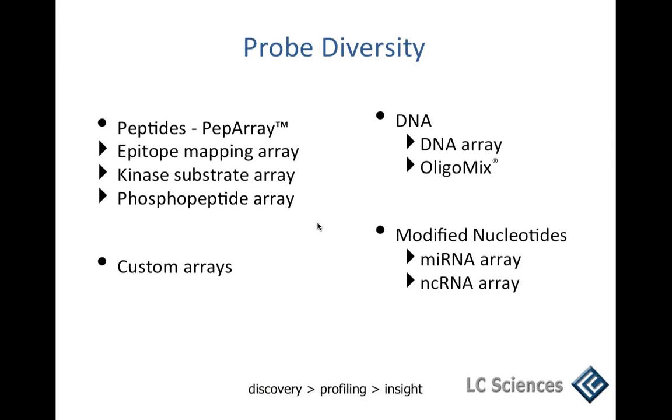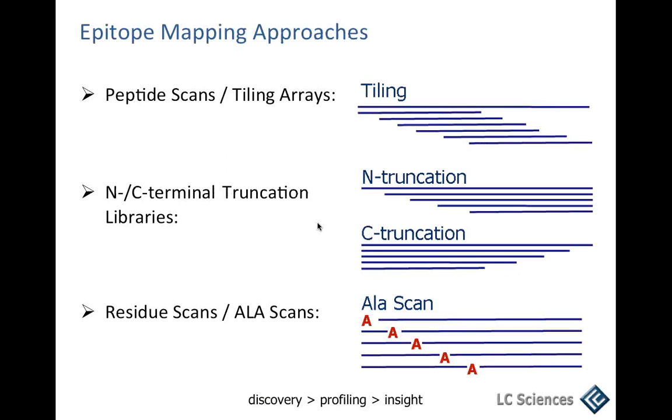If you look at epitope mapping approaches using our array technology, there are mainly three that come to mind. One would be peptide scanning or tiling arrays. Basically, you take the target protein sequence and tile it in whichever amino acid resolution you would like on the chip. Because we have plenty of space on the chip, we typically use single amino acid resolution.